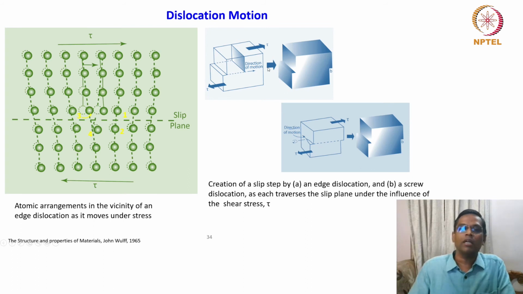The edge dislocation moves parallel to the direction of the dislocation motion. On the other hand, the screw dislocation moves perpendicular to the dislocation line. So this is the screw dislocation, right?